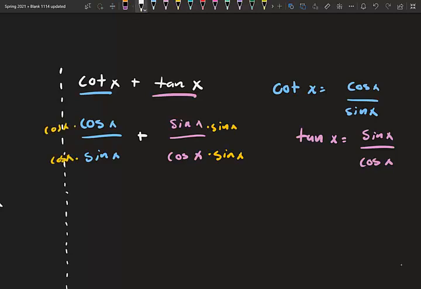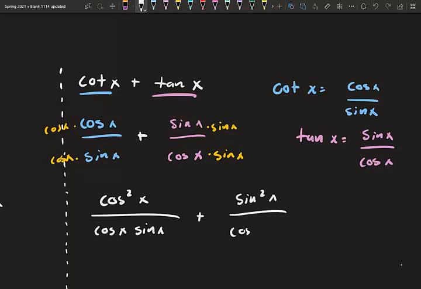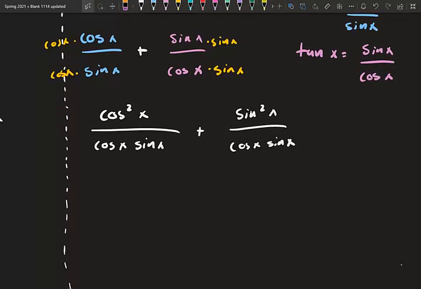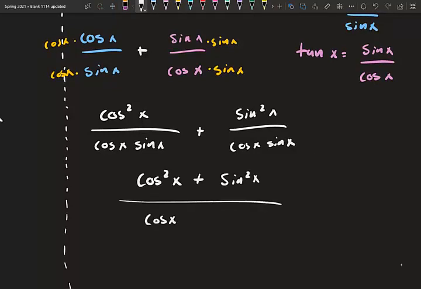So on the top we have cosine squared x over cosine x sine x plus sine squared x over cosine x sine x. Now that they have the same denominator, we can go ahead and just make it one fraction. So we have cosine squared x plus sine squared x over cosine x sine x.